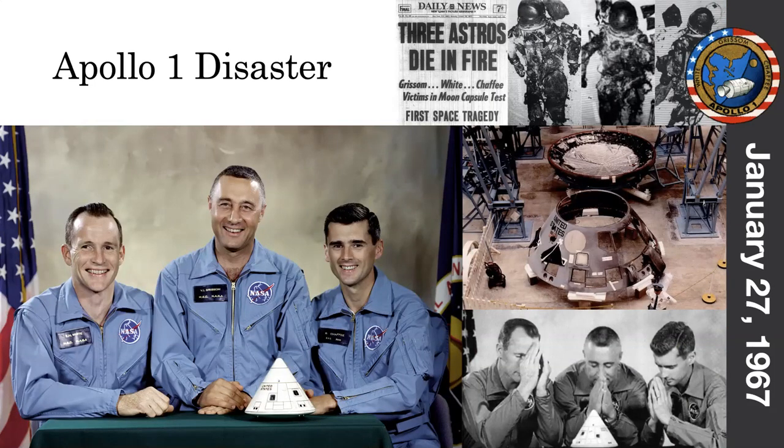In 1967, Apollo is practicing for Apollo's first mission to test out the Saturn V rocket, which is much, much bigger than the other rockets as we've seen. Gus Grissom, Chaffee, and White realize this rocket really sucks, and they complain about it constantly.